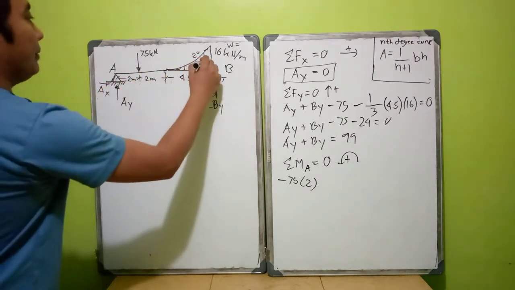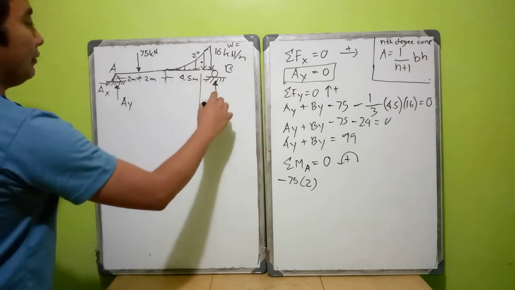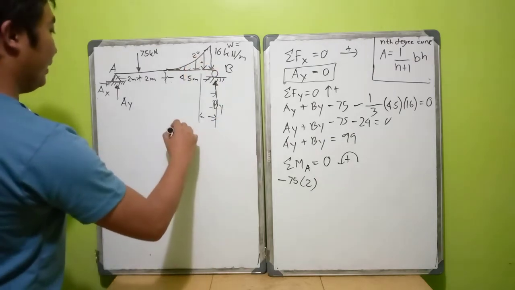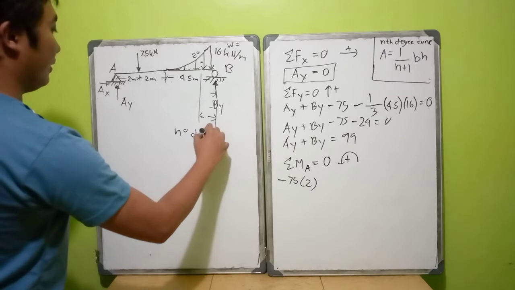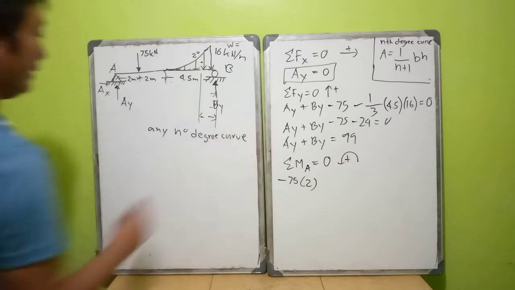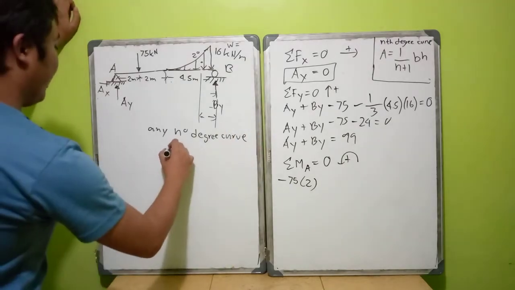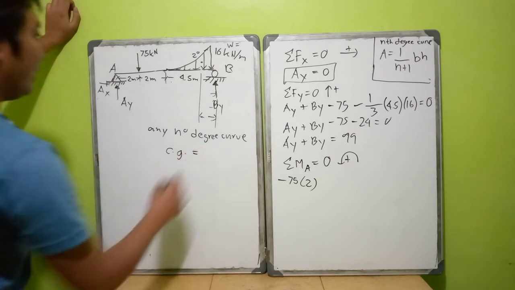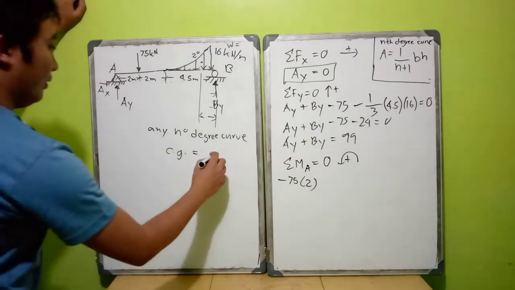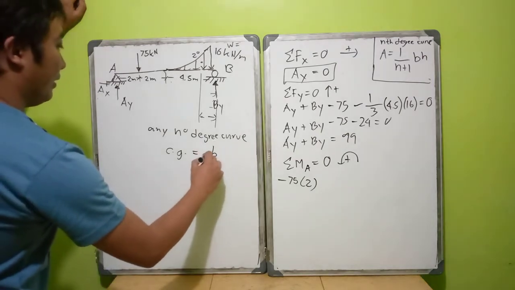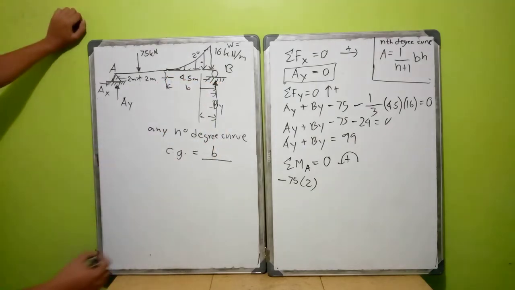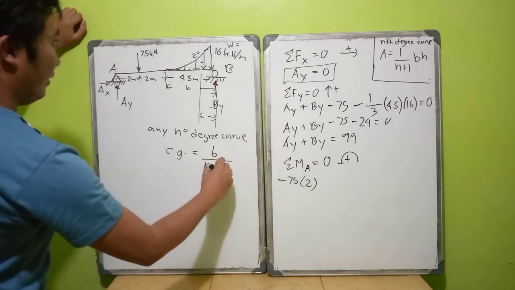Please remember, relative to the right corner, for any n degree curve, its center of gravity is located at B over n plus 2.